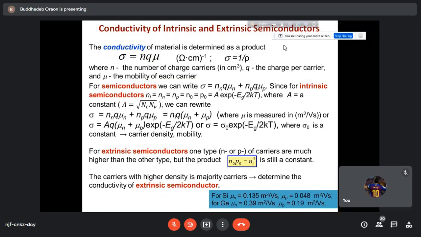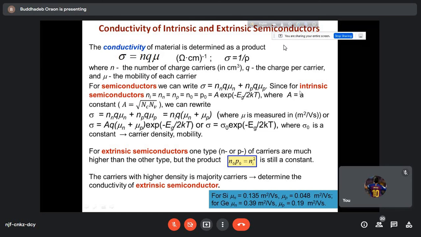Now, conductivity of intrinsic and extrinsic semiconductor. There are some manipulations here. If we use the equations and incorporate them in this equation, sigma equals n, the number of negative charge carriers, times charge times their mobility, and if it is different, then it will be for an extrinsic semiconductor.